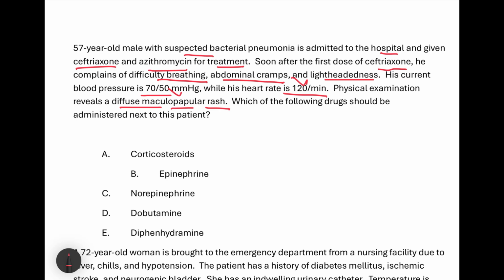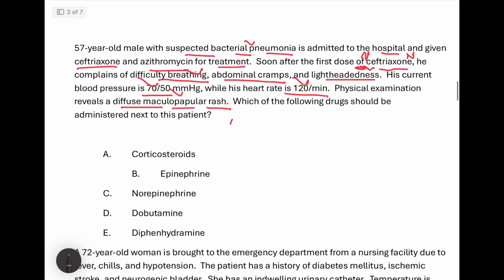First, we have to diagnose the disease. What is happening here? Guys, he's normal, he comes with pneumonia. But after we give the dose of antibiotic, he develops symptoms of difficulty in breathing, dyspnea, hypotension, tachycardia soon after the administration of a beta-lactam antibiotic, and it is suggestive of anaphylactic shock.